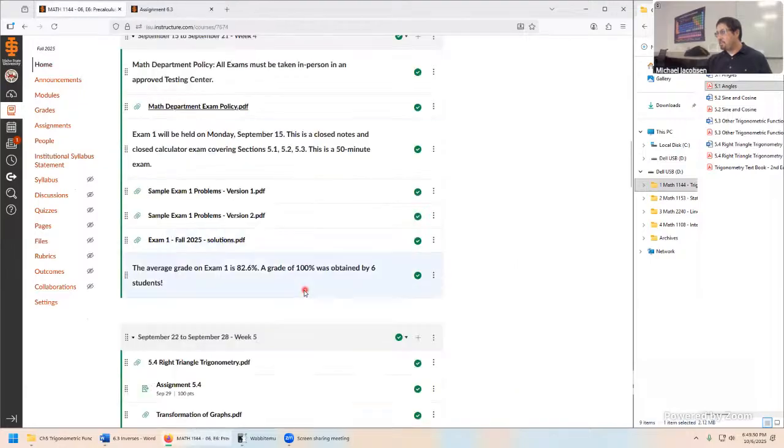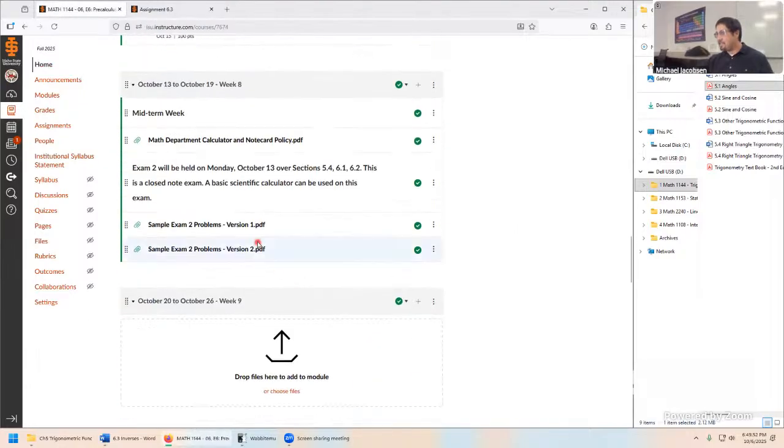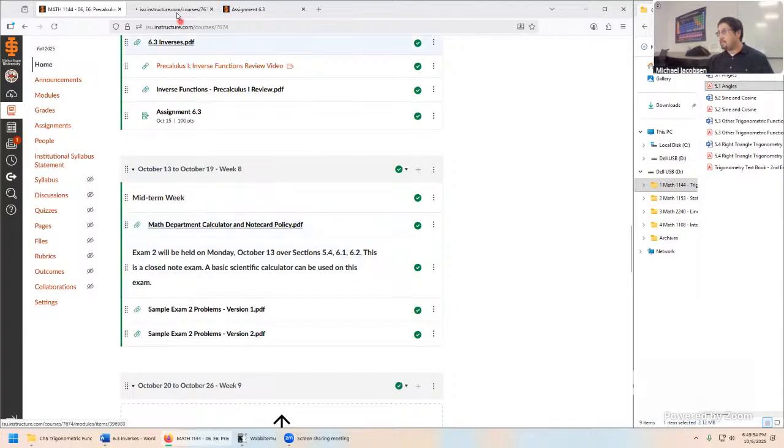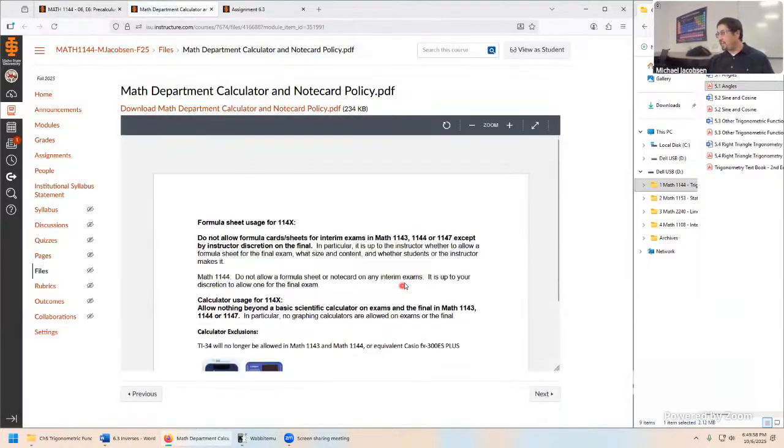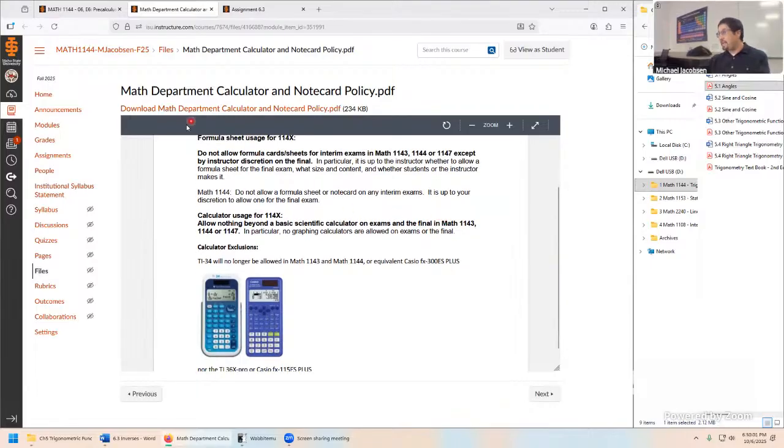Their policy says that I'm not to allow any notes except on the final exam, where I can put a formula sheet at my discretion. So I can't allow formula sheets or anything like that on our exam.